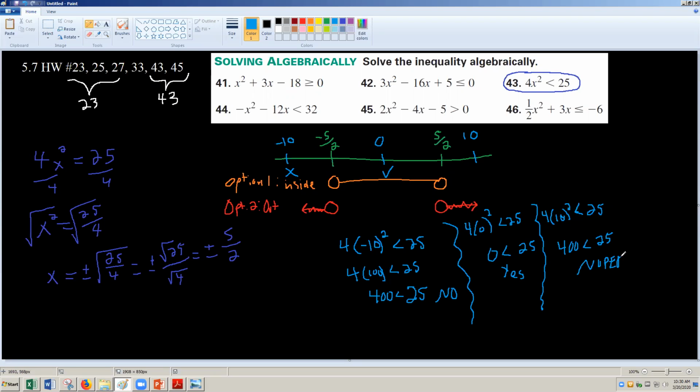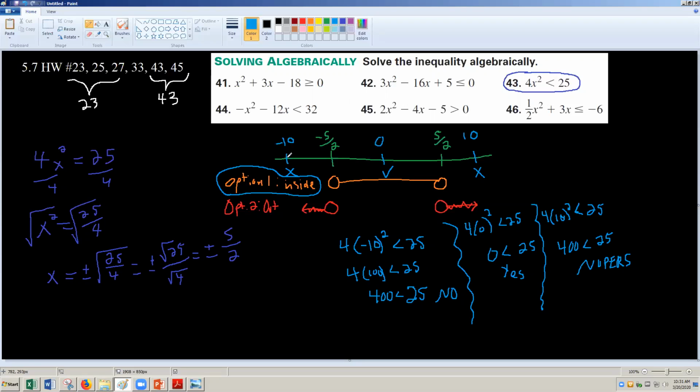So basically when we're doing this, we've got this pattern that emerges, and here we're inside. So we're using option 1, which is that my values are inside, and the reason being is that this thing is less than the value. The thing that we can always do is test a value. If it works here, it'll work here and here.